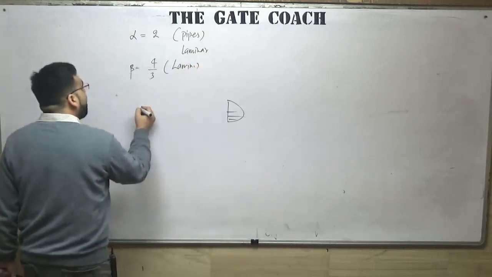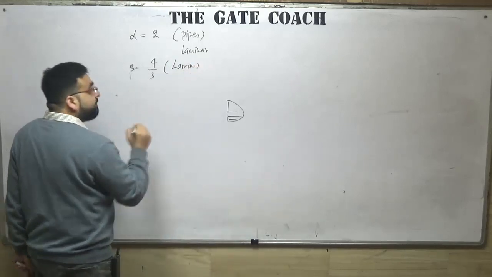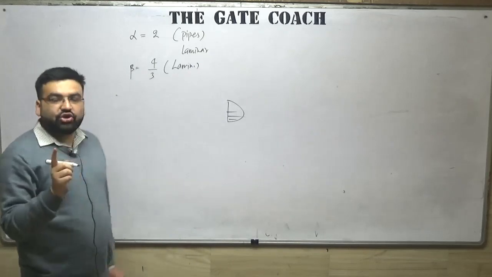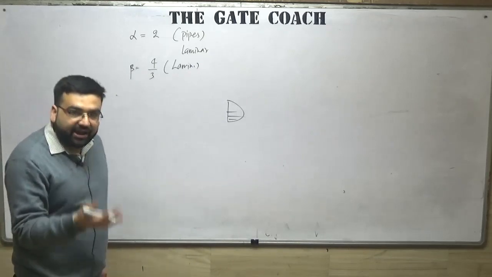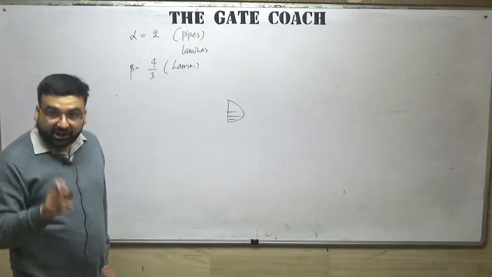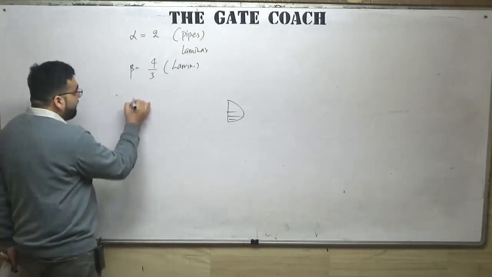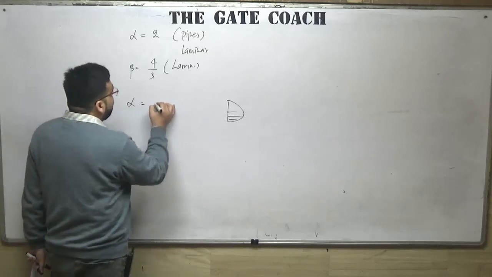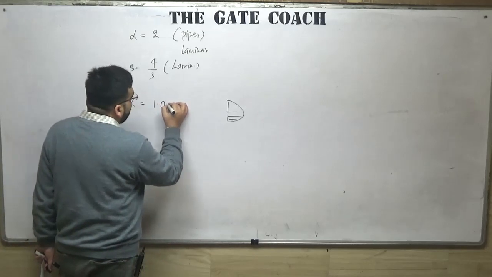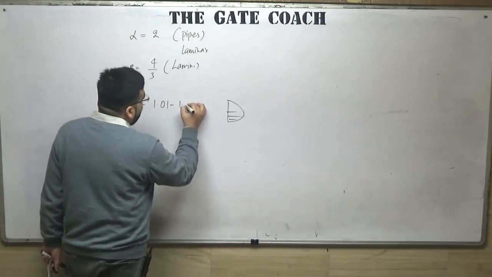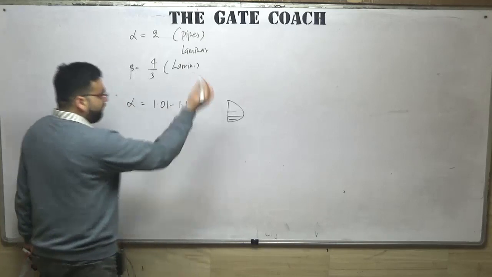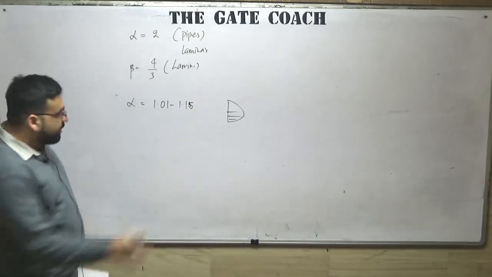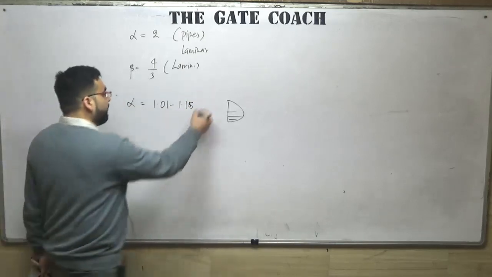And I also told you in class that there is a high possibility of a question in which you are asked the values of alpha for turbulent flow. I told you in the class already, right? So if you remember, the value of this alpha for turbulent flow varies from 1.01 to 1.15, nearly. It actually varies from flow to flow for turbulent flow.